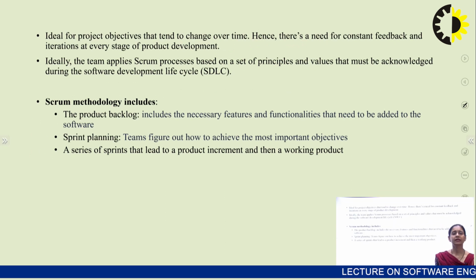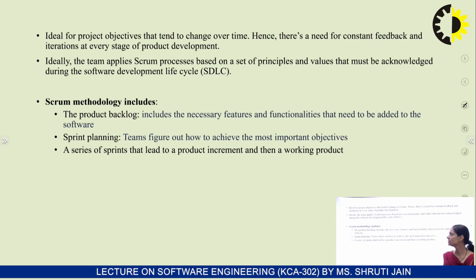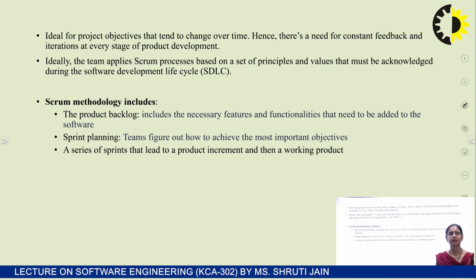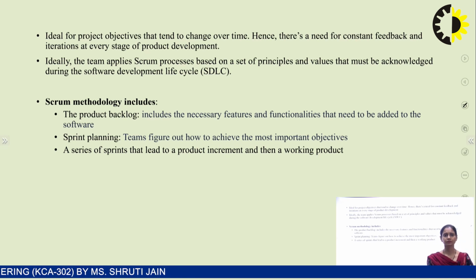The methodology of Scrum includes the product backlog, sprint planning, and a series of sprints. The product backlog includes the necessary features and functionalities that need to be added to the software. So that is again the planning part, wherein the necessary features and functionalities are given for the software.